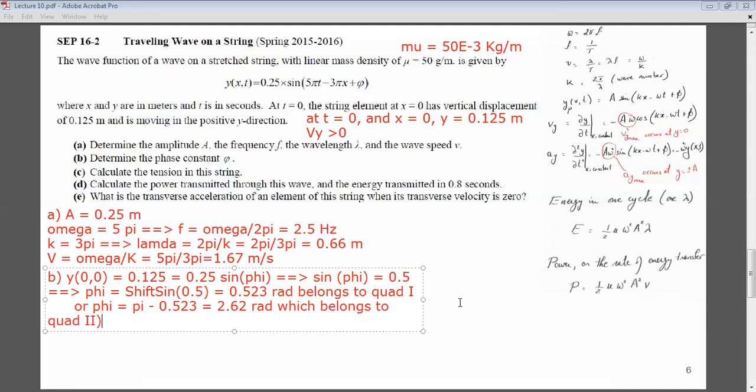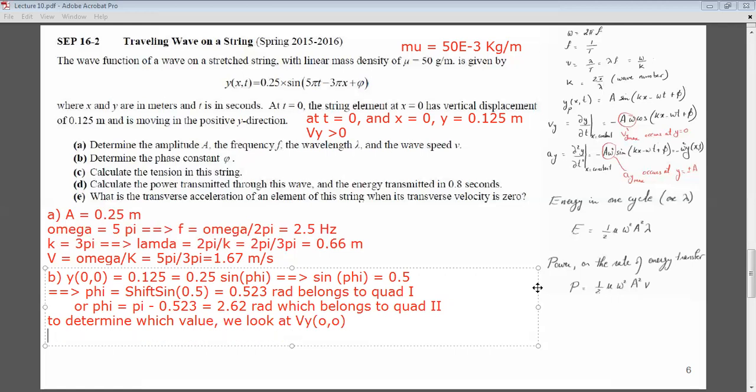Now we need to decide if we want the angle which belongs to quadrant 1 or quadrant 2. To determine which value, we look at Vy at 0, 0.